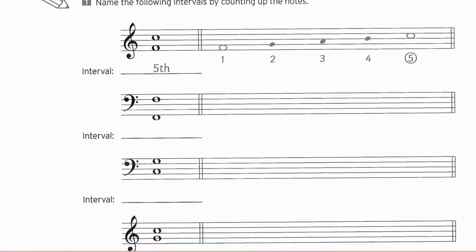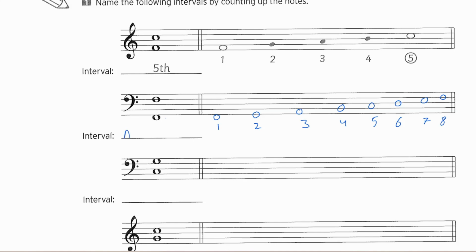This is bass clef and this is our F. If we count, let's see till where it is, on the line here and till here. This is 1, 2, 3, 4, 5, 6, 7 and 8. That means this is an octave.